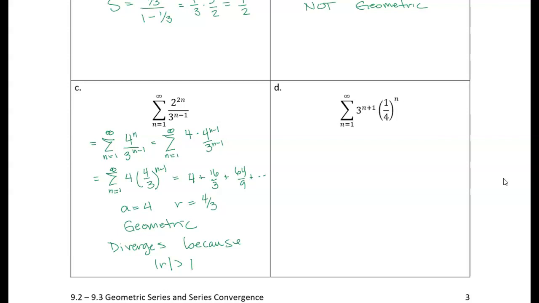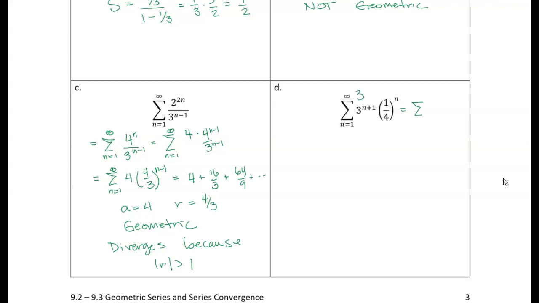All right, we've got one more to look at. So this one, we've got 3 to the n plus 1 times 1/4 to the n. Okay, so we want to reframe this in terms of a first term times some multiplier. So let's rewrite this. I'm going to take my 3 to the n plus 1.